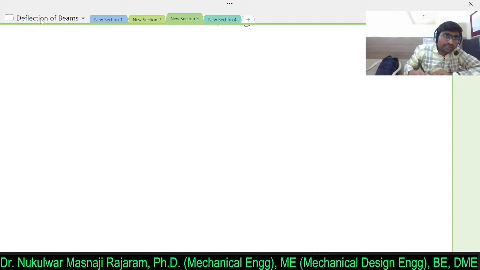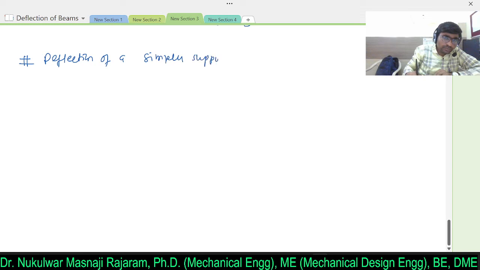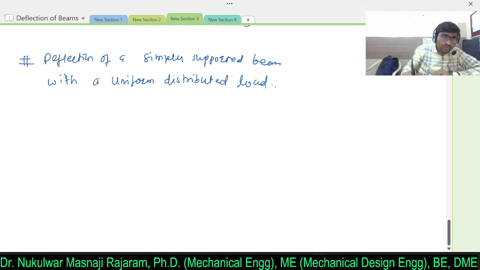Simple. Likewise, if you evaluate deflection of a simply supported beam with a uniformly distributed load.